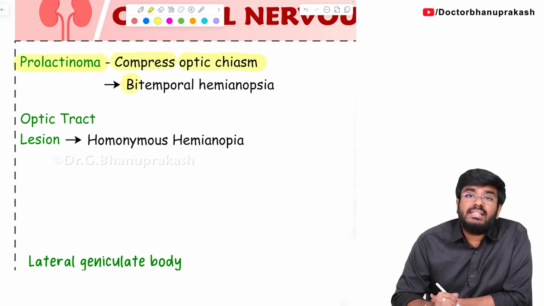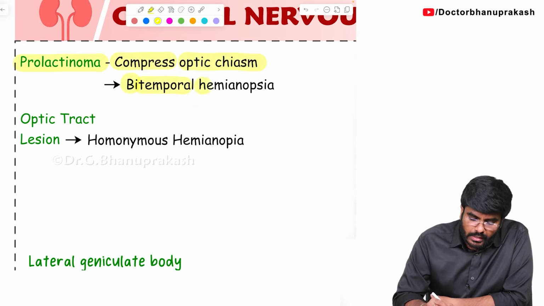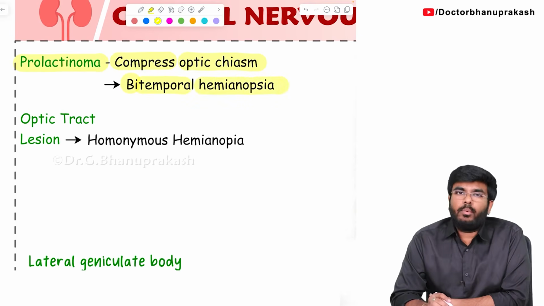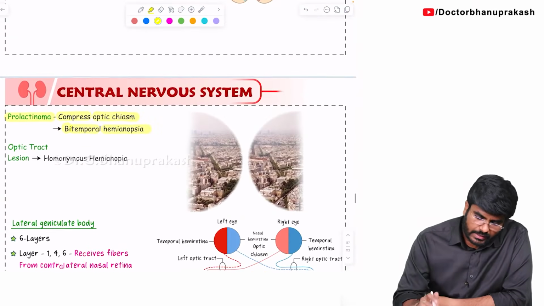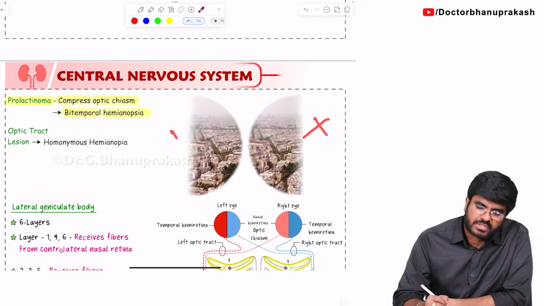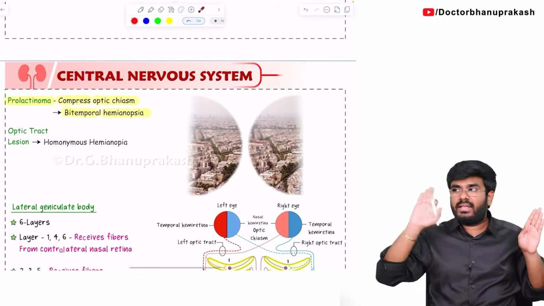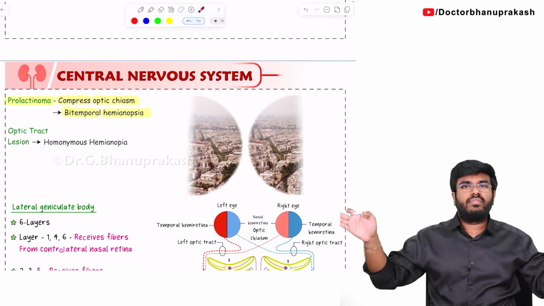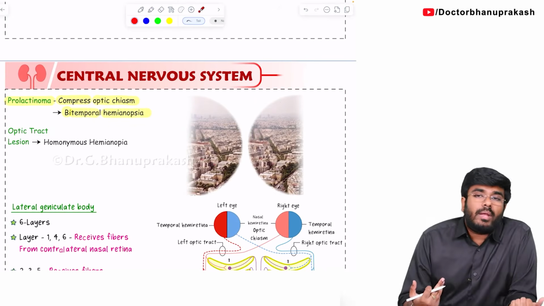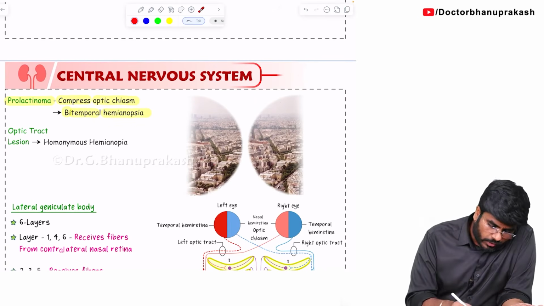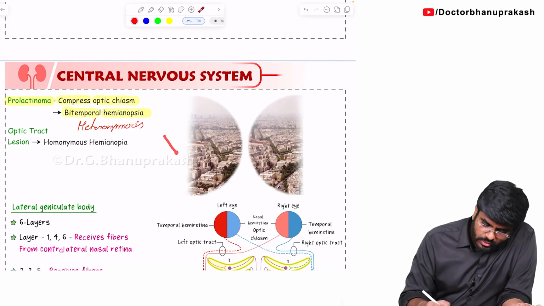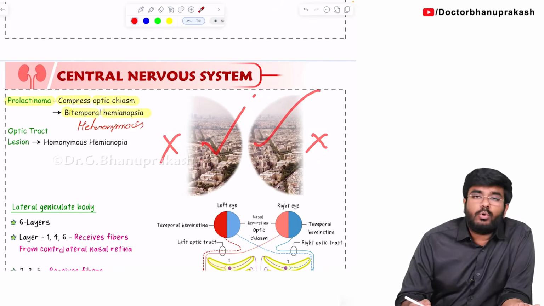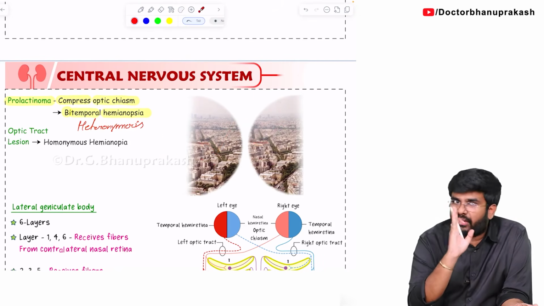So in both eyes, that is bitemporal hemianopsia, a heteronymous hemianopsia, not a homonymous hemianopsia, because in one eye this side is lost and in the other eye the opposite side is lost. You can clearly see that in both eyes the central vision is okay, but the peripheral vision is gone.